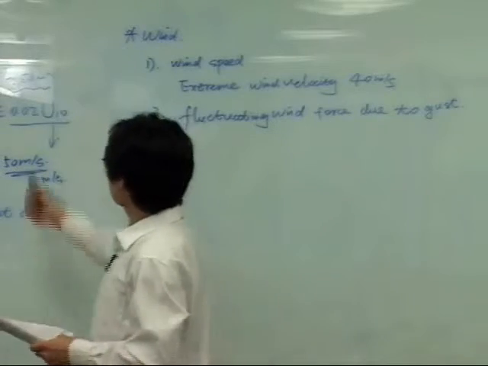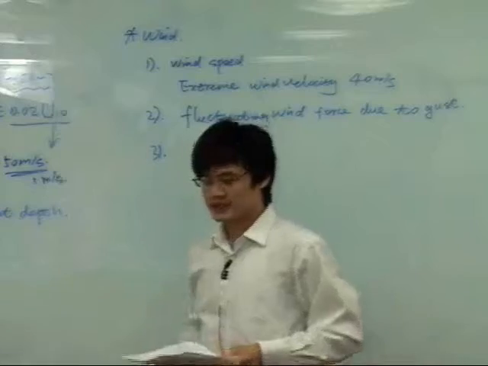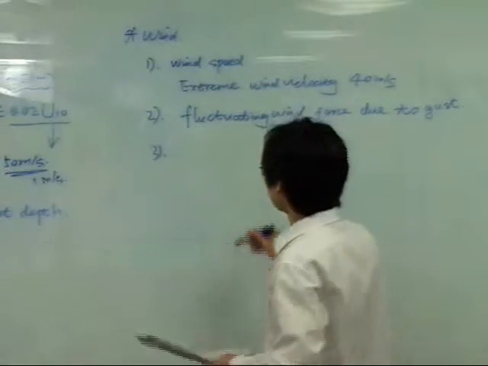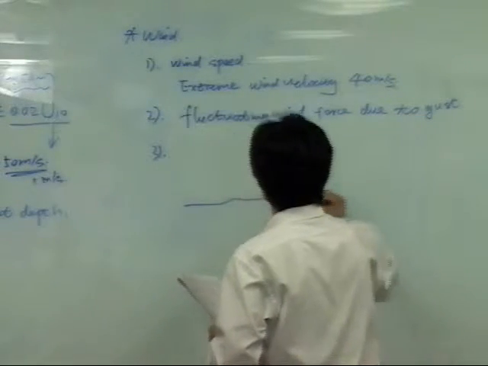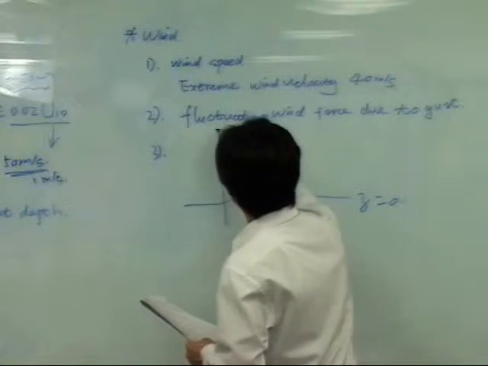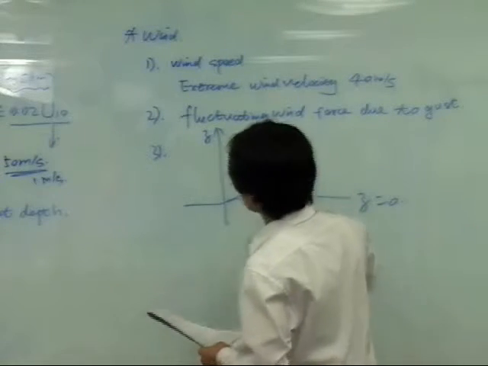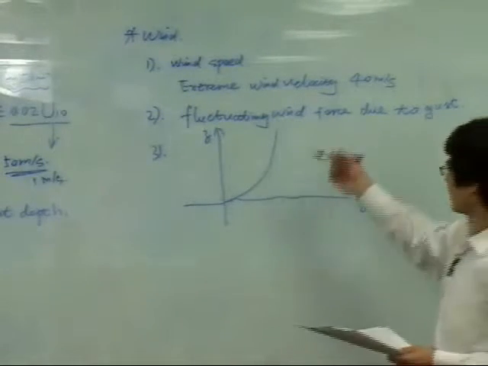As I mentioned here, we specifically see wind speed at 10 meters height because of the wind profile over the sea. Suppose this is the sea, and this is a vertical plane Z. The wind profile can be a function of the height above the sea.